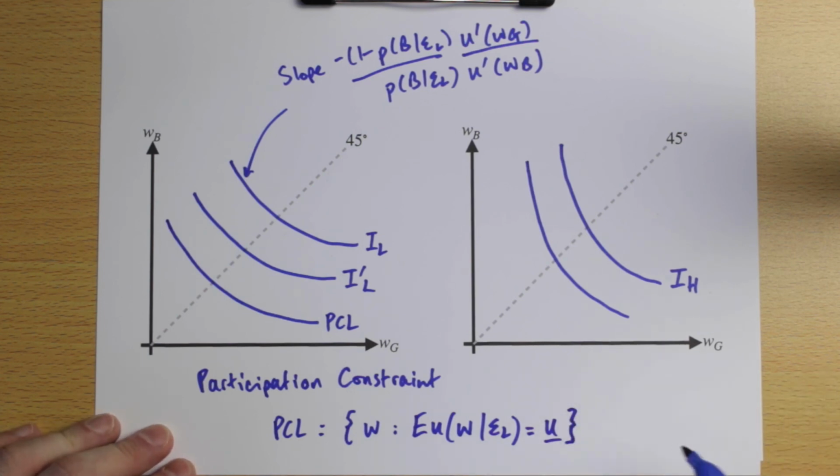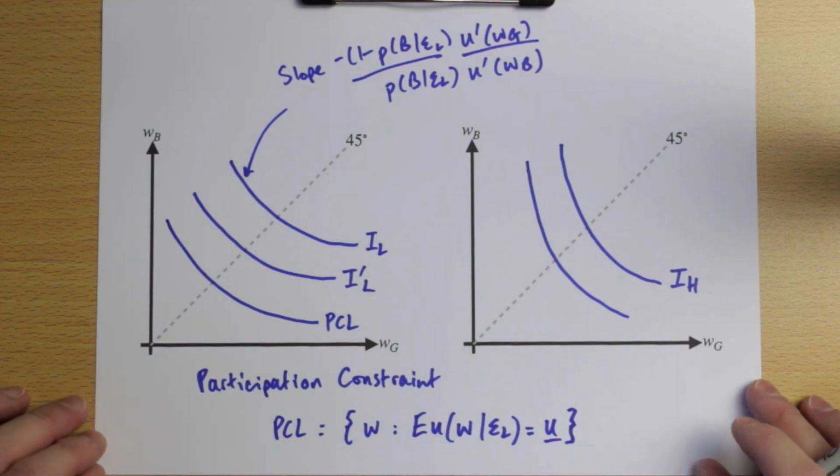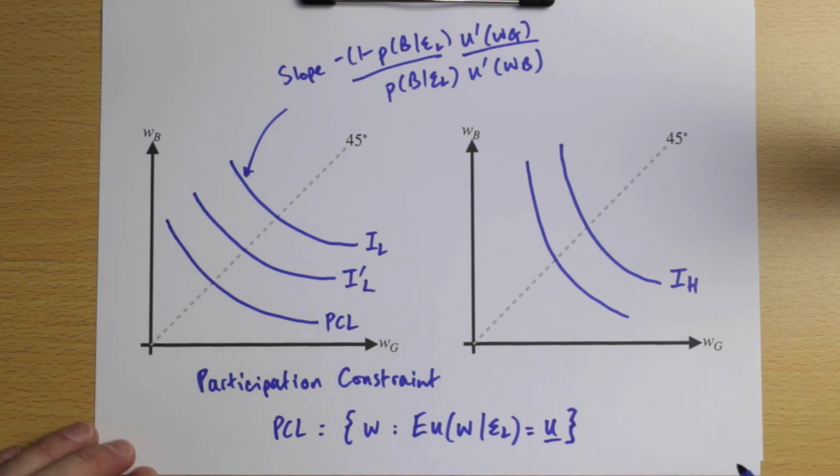And reservation utility was the amount of utility that the employee could achieve without coming to work. So it's like the opportunity cost of coming to work. Okay, so it's either the utility of leisure or the utility of a second best offer that they've received. So it's going to play a role in solving the cost minimization problem.